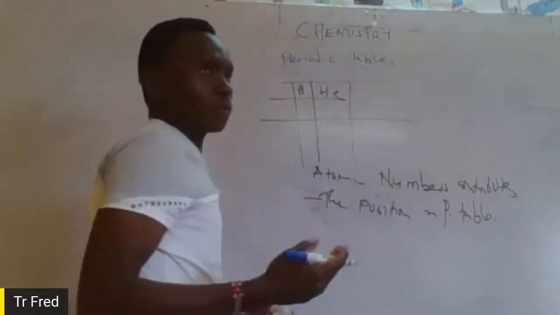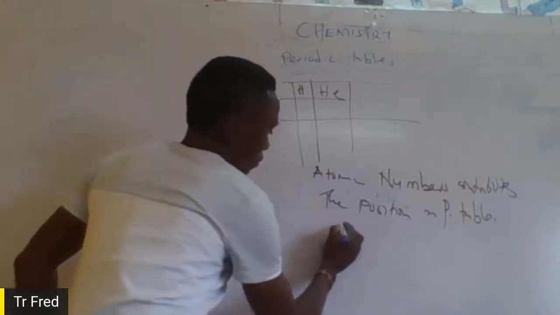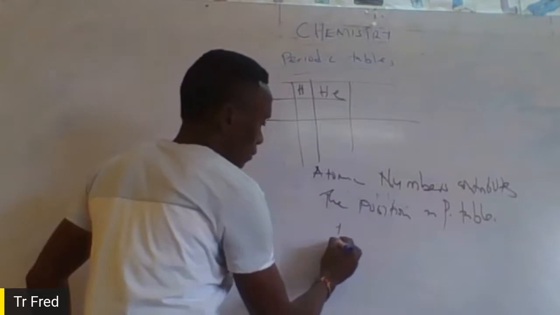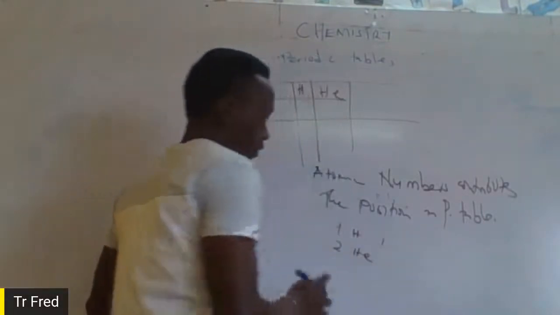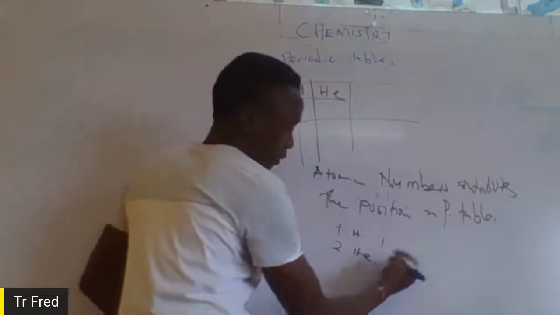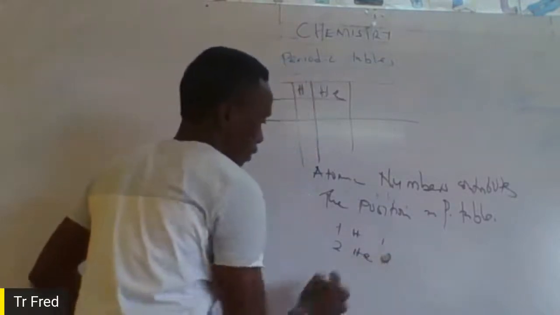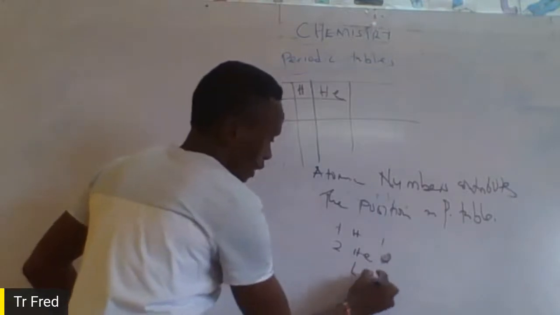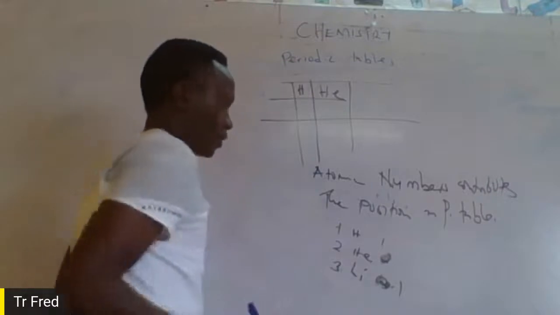We arrange them in terms of the outermost electrons, from hydrogen to helium, which is number 2. Then the electronic configuration of helium is 2. Then from there you go to lithium, which is 2, 1, because its atomic number is 3.